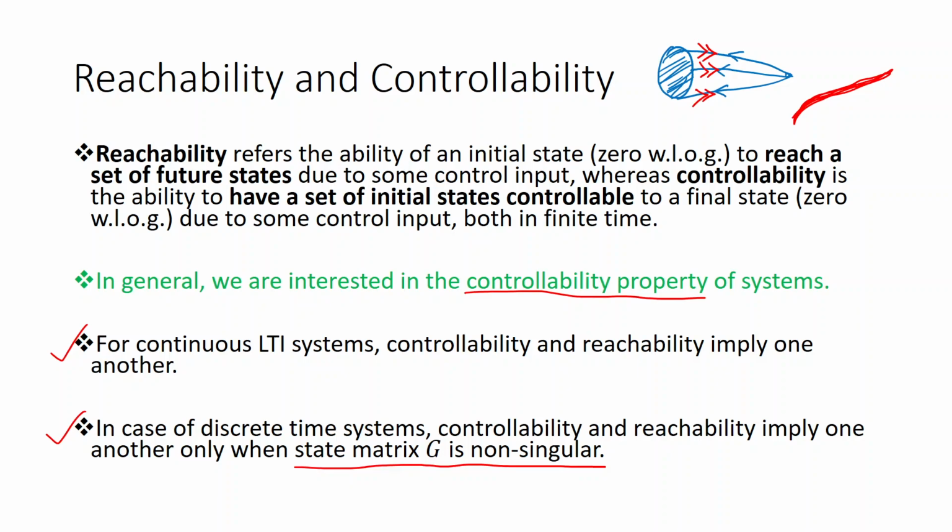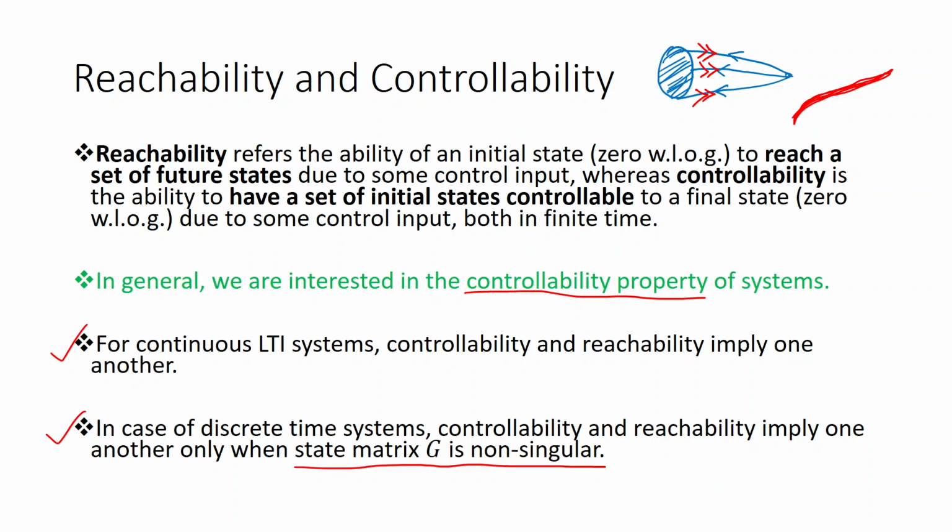So if in a question you are given a discrete time system and I tell you that it is controllable, and you are asked whether this system will also be reachable, you have to check whether the G matrix is non-singular.